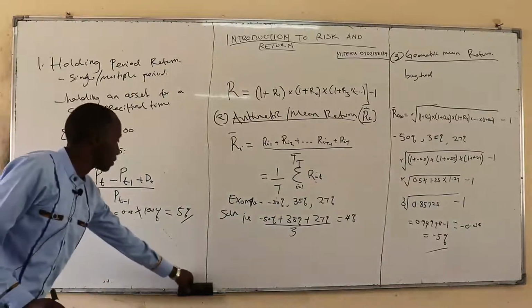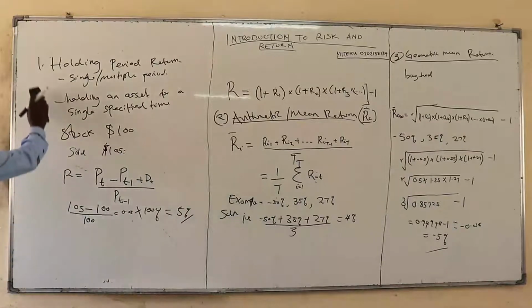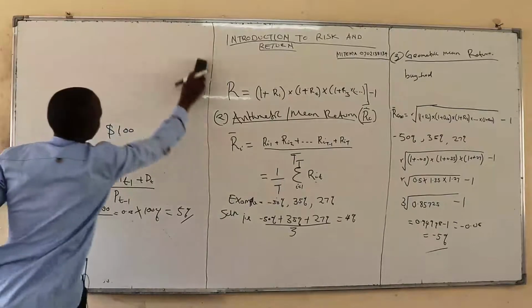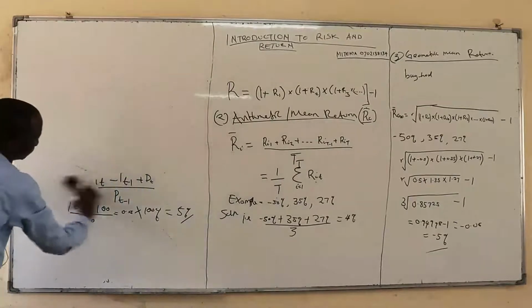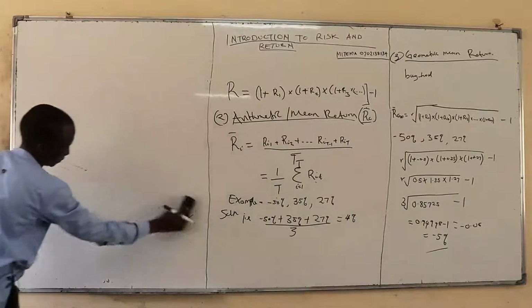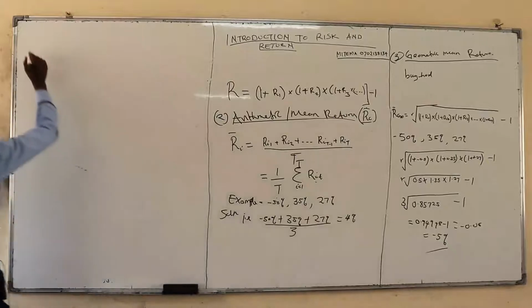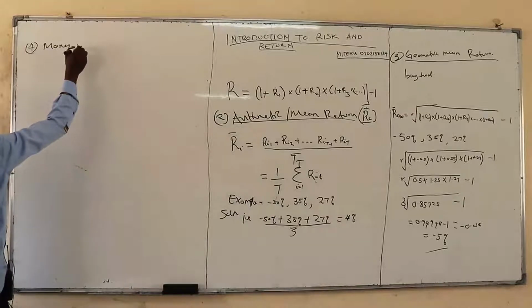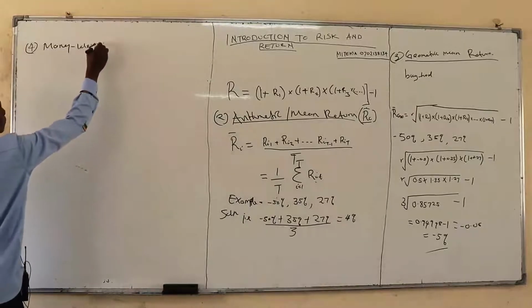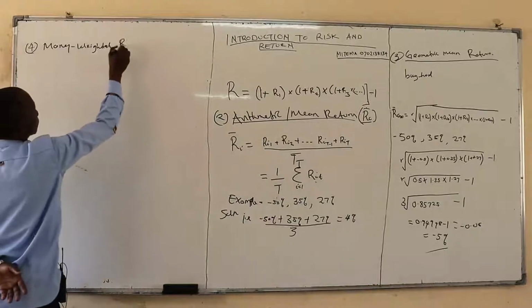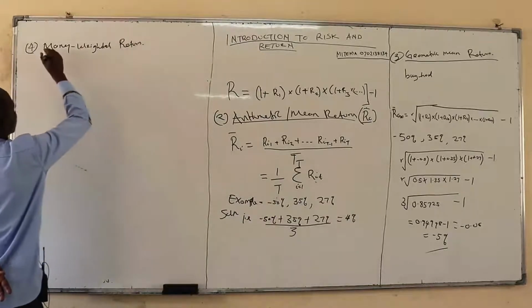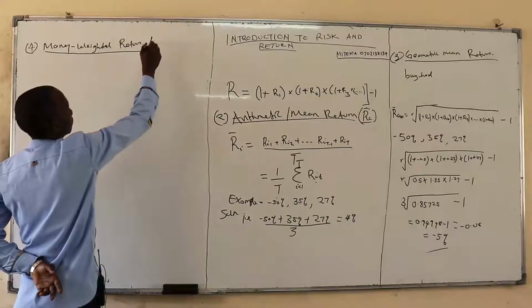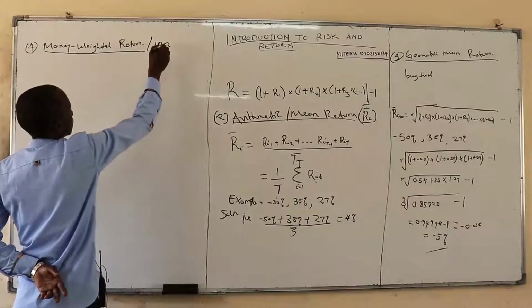Money weighted return is our fourth measure of return.